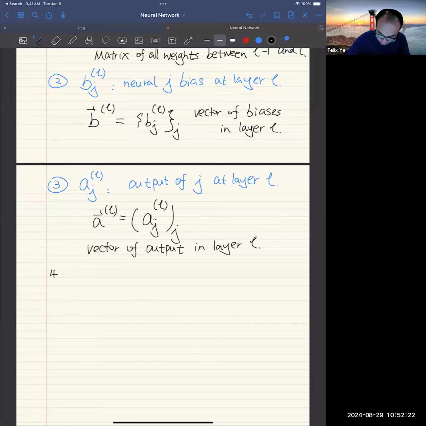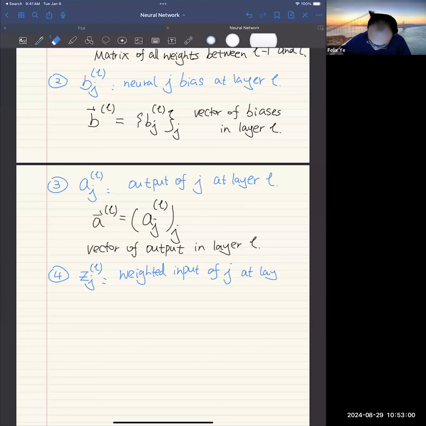Number 4, we have Z. That's the weighted input to neuron J at layer L. Okay, so Z is the input, or something called the pre-activation value.